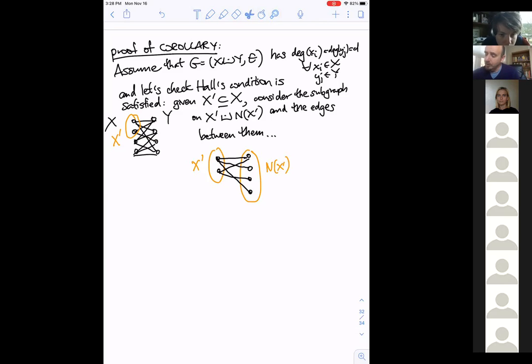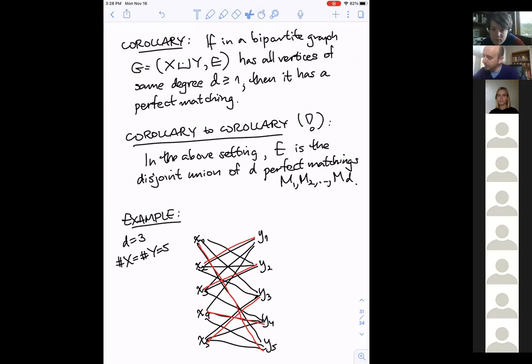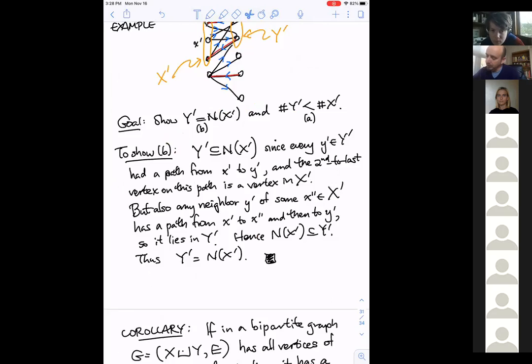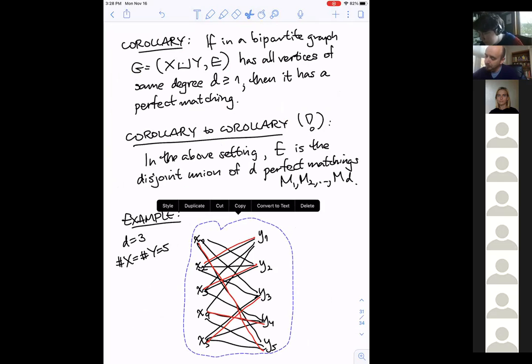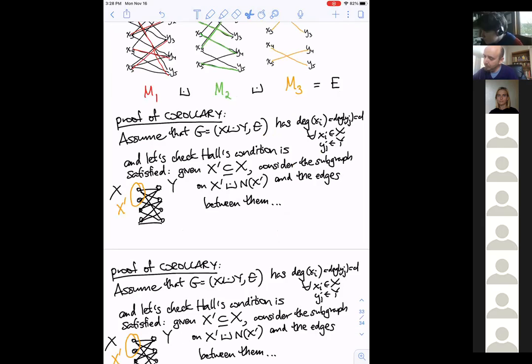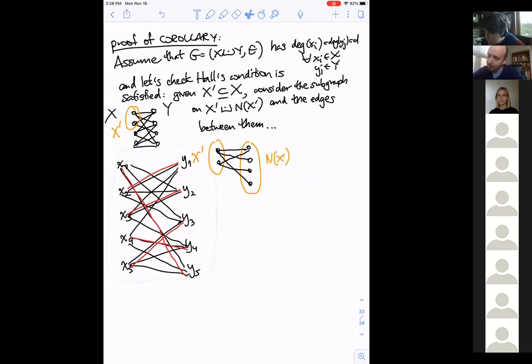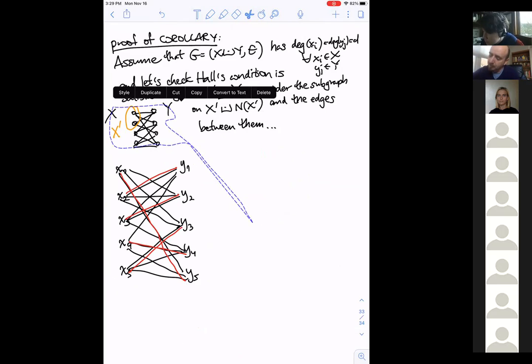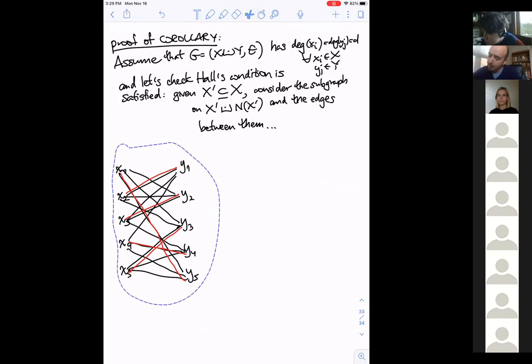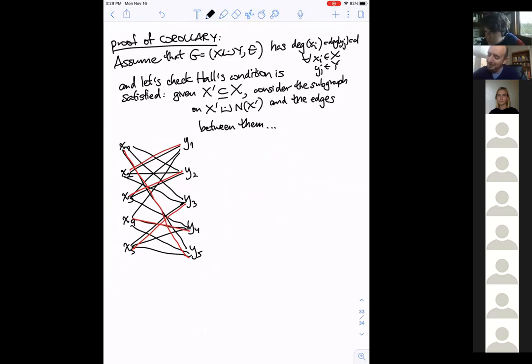Let me redraw this graph. Actually, let's just steal one that we had before that worked. Let's take our example graph. All right, if I pick some subset X prime, I'm going to pick these two as my X prime.